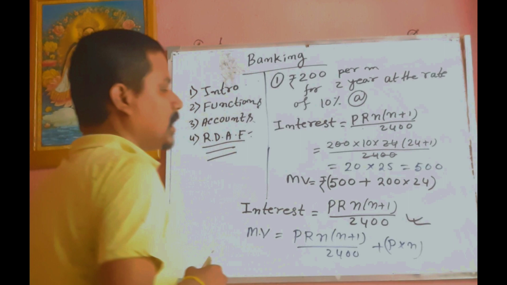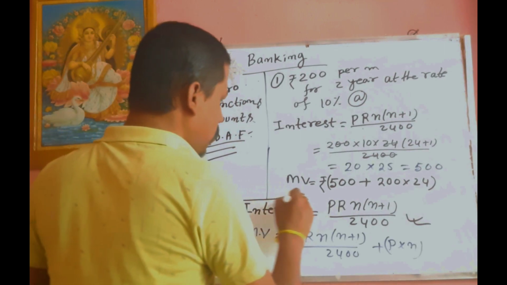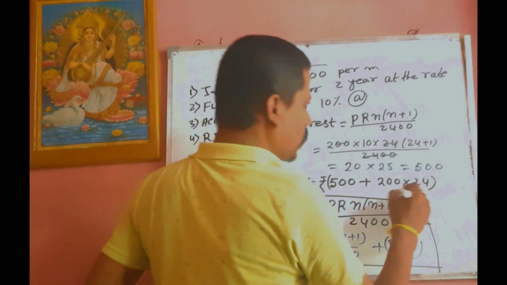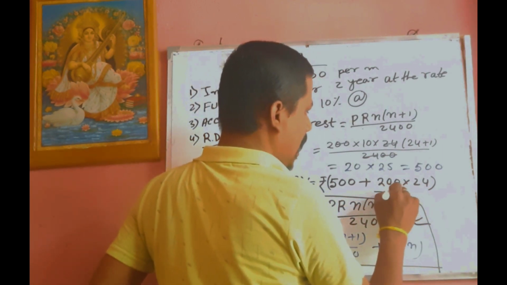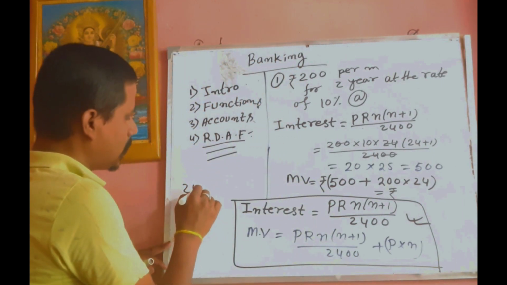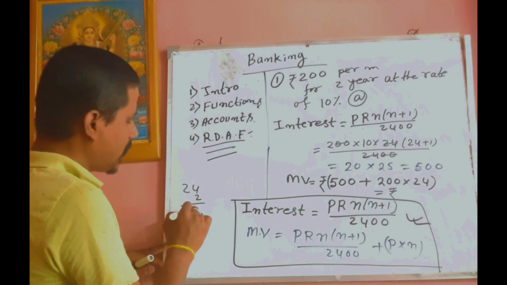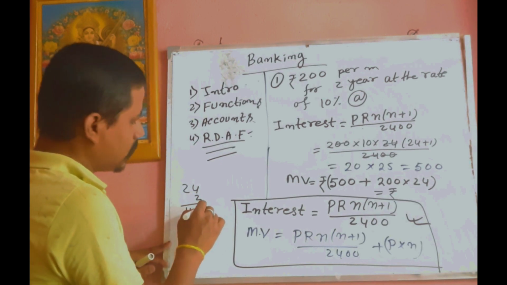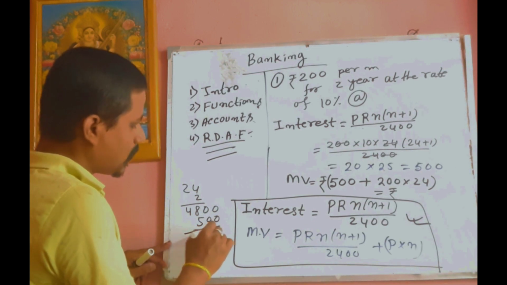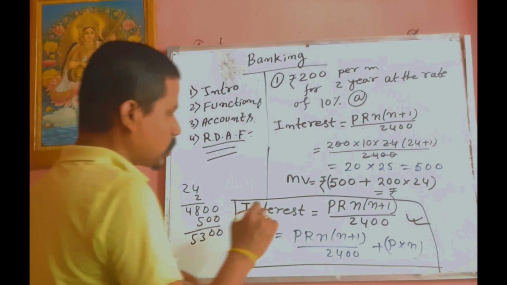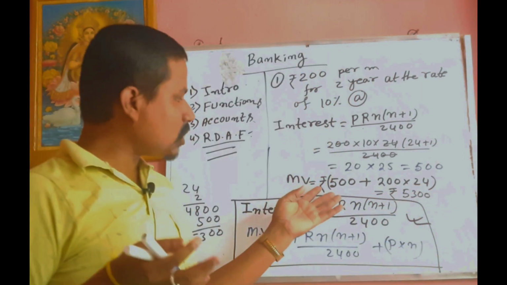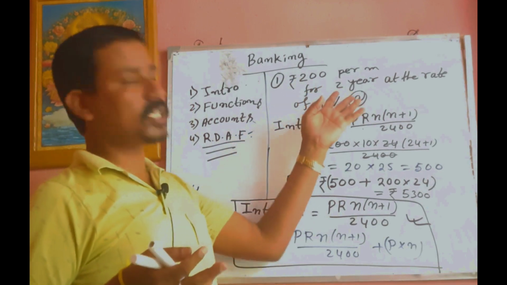After calculating, we get the amount: 24 multiplied by 200 is 4800, plus 500, so 5300. This is the maturity value of that amount for these conditions.